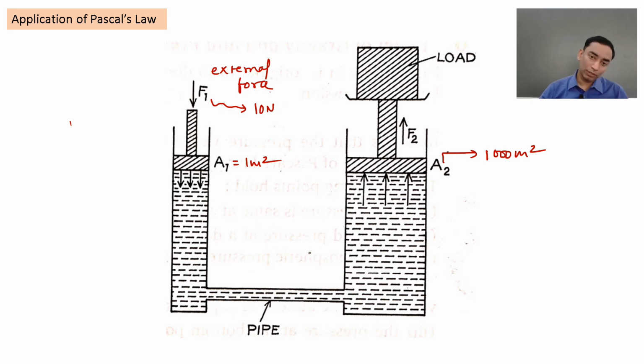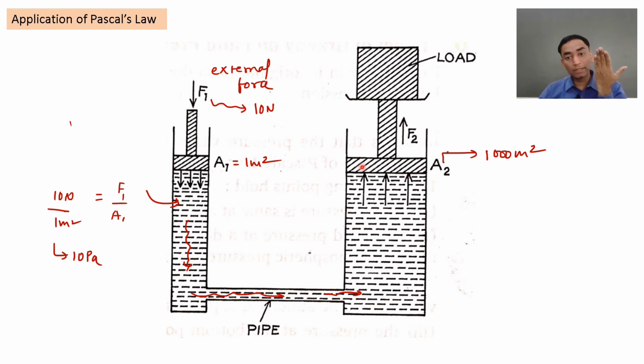Now what does Pascal's law state? The pressure generated over here, that is F1 upon A1, will be equal to 10 Newton upon 1 meter square. So 10 pascals is what is going to be created over here. Now this 10 pascals of pressure will be pushing this particular piston upwards. So which is responsible for pushing this piston upwards?